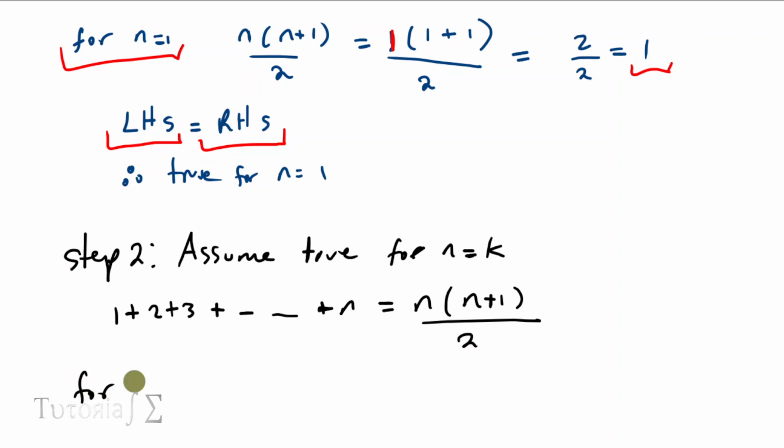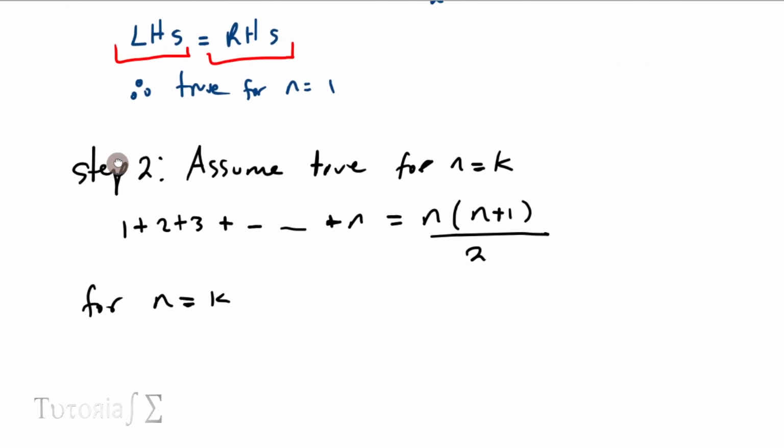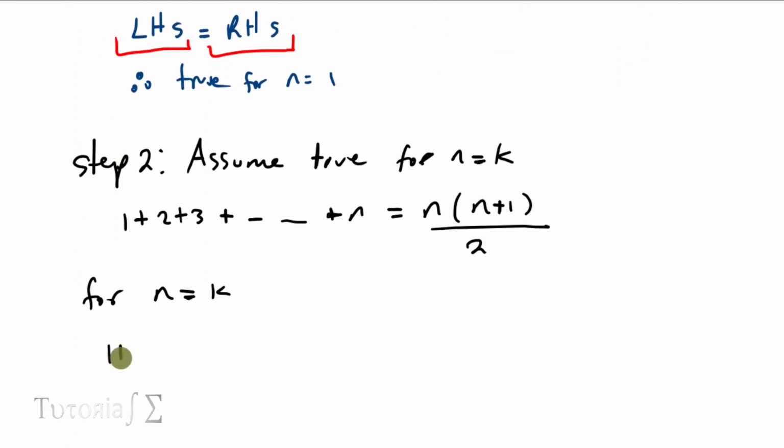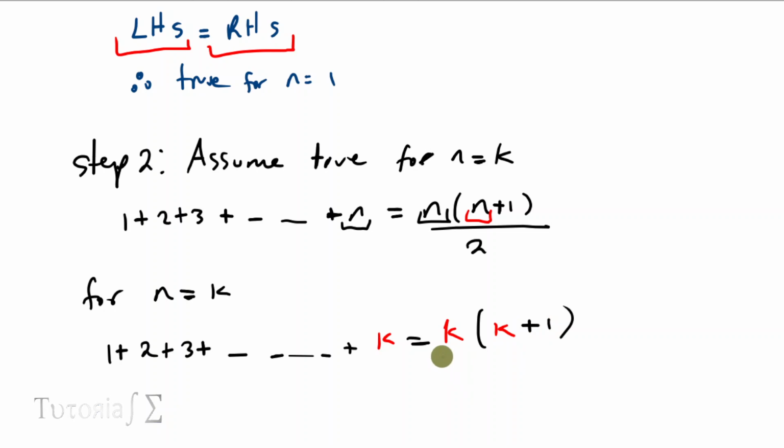Then for n equals k, we're replacing wherever there is n with k. So we're going to have 1 plus 2 plus 3 plus all the way to plus k, then equal to k open brackets k plus 1 all over 2.